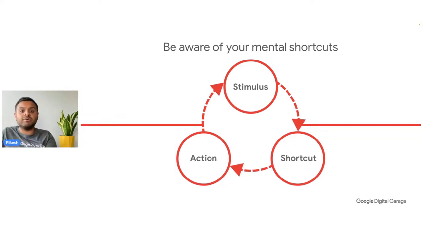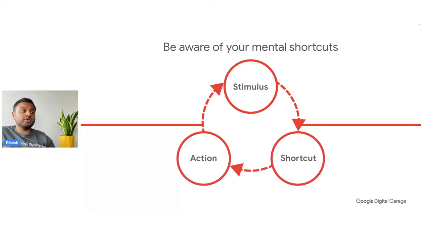So something the brain would now classify as mundane, like brushing your teeth, picking which socks to wear, or tying up your shoelaces. That is where your brain has created these mental shortcuts, and we all have them over time. So that's something to be aware of when it comes to mental shortcuts.